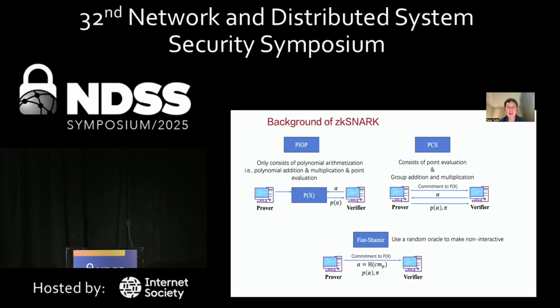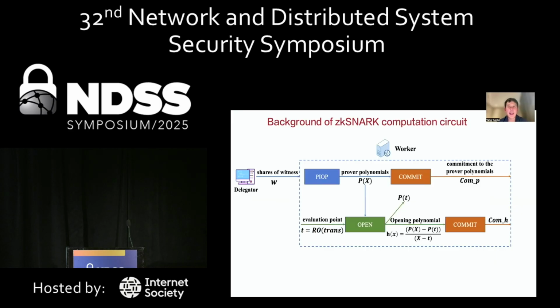To make the proof system non-interactive, we apply the Fiat-Shamir transformation that uses a random oracle to make the entire proof system non-interactive. And this is the corresponding zkSNARK computation circuit.